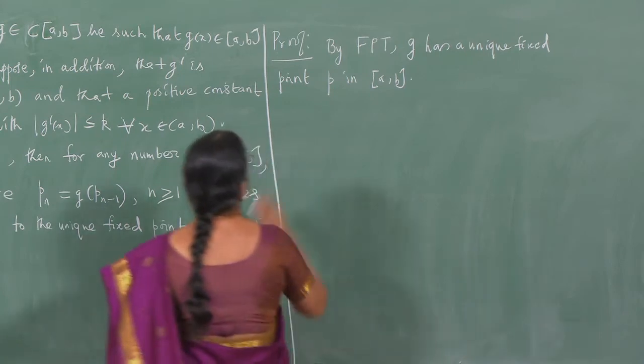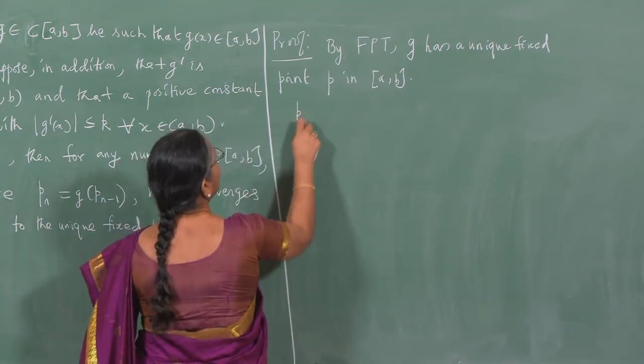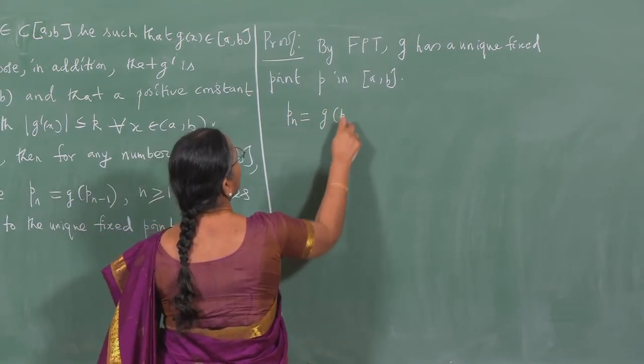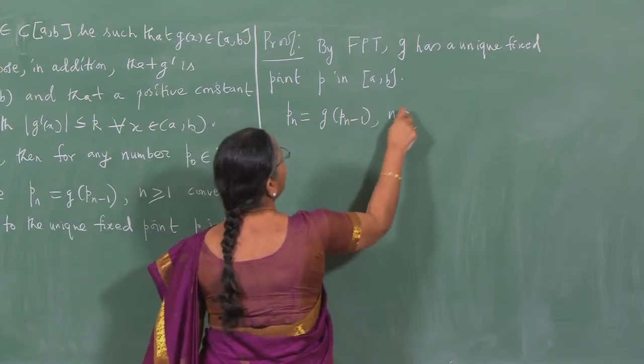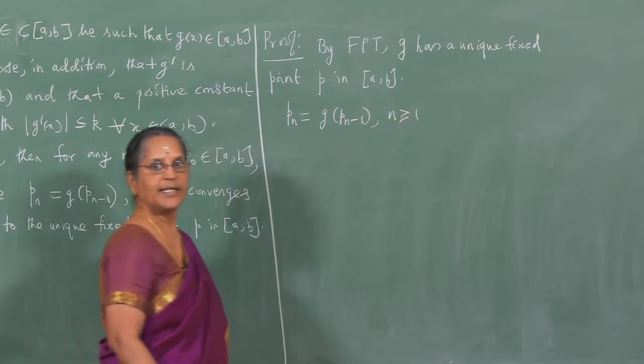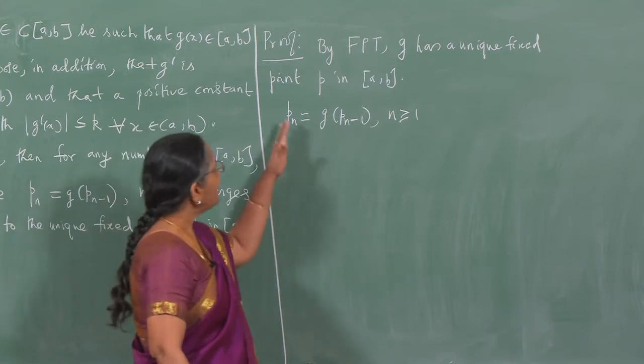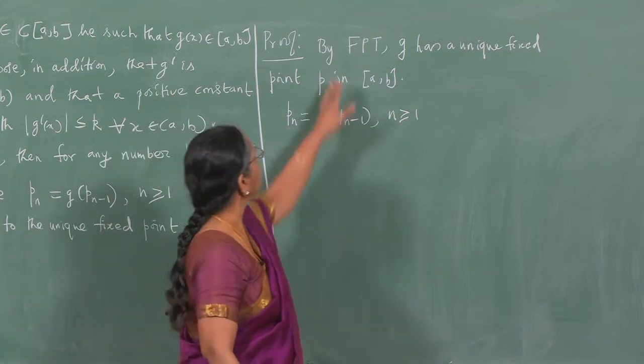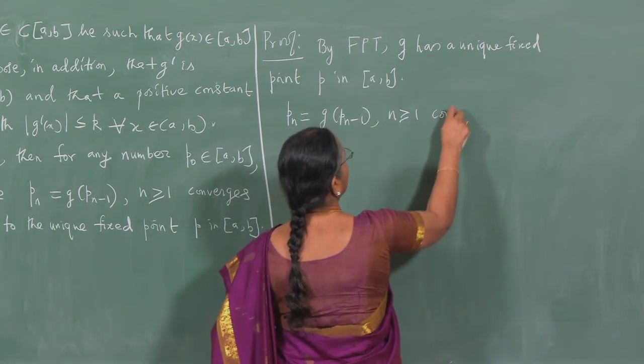And the sequence p n equal to g of p n minus 1 for n greater than or equal to 1 converges to this unique fixed point.